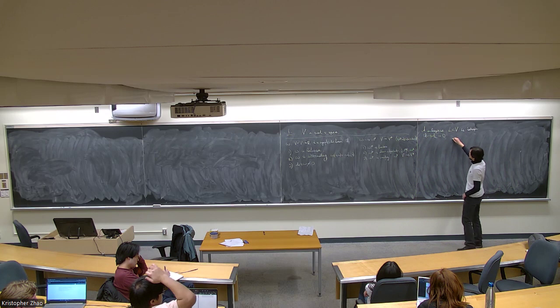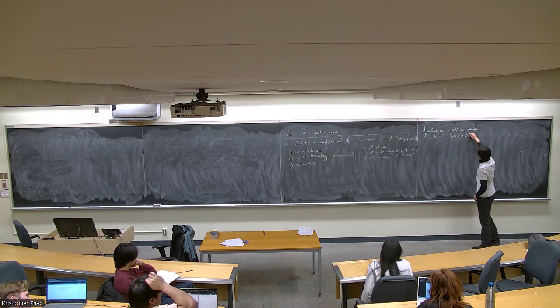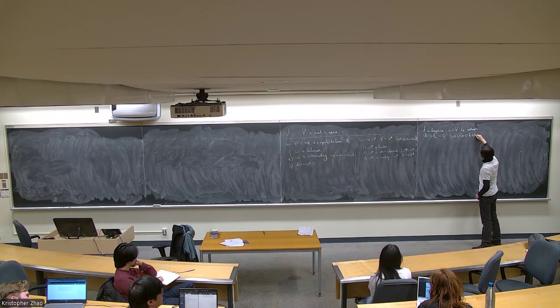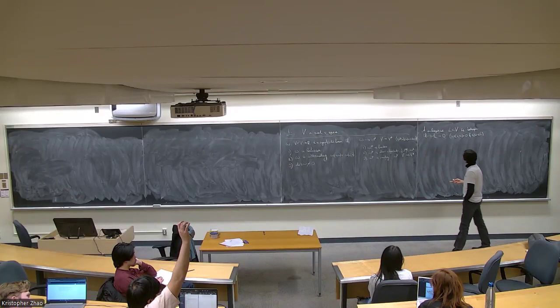In other words, omega of v, w is equal to zero if v and w both belong to L. Okay, that's what it means to be an isotropic subspace.